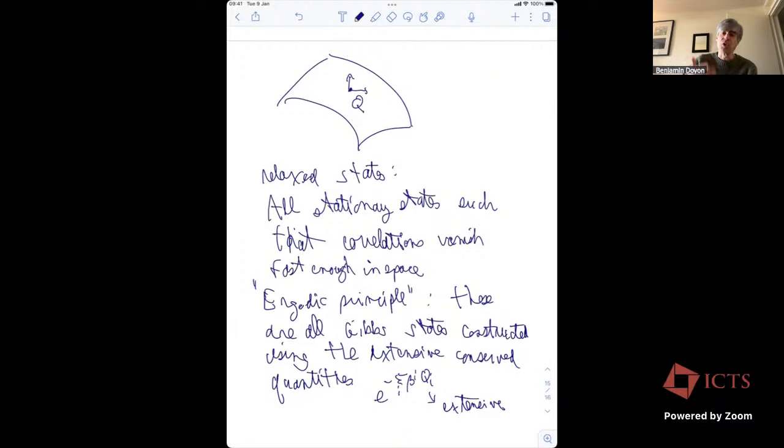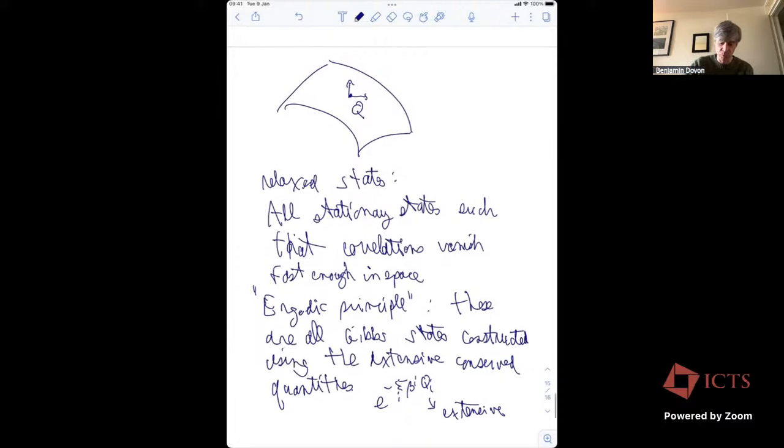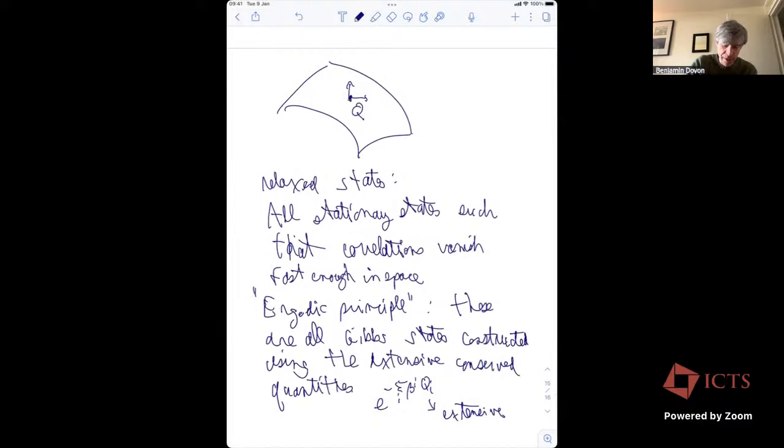Now, the more precise mathematical form is that the extensivity of a conserved quantity is a notion that is state dependent. So the proper way is to understand these quantities as describing the tangent space to the manifold of stationary states, in such a way that they allow you to go from one point in the manifold to another point in the manifold.